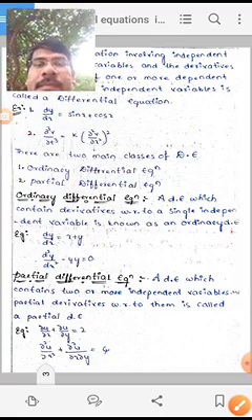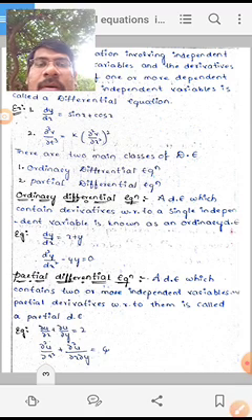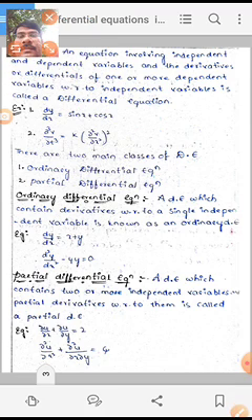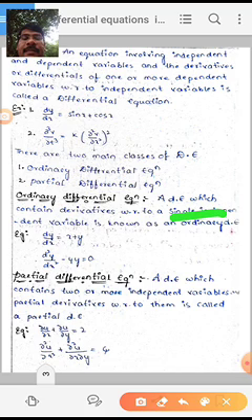They are ordinary differential equations and partial differential equations. An ordinary differential equation is a differential equation which contains derivatives with respect to a single independent variable.